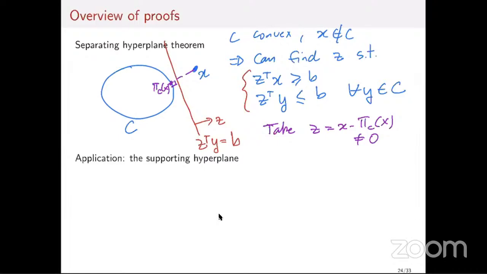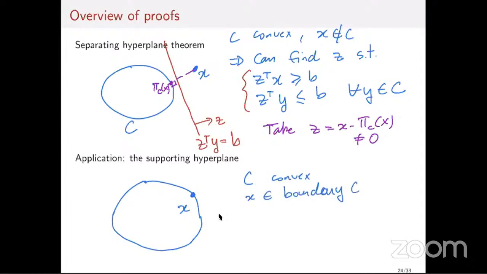First, before I talk about subgradients, let me talk about something else called the supporting hyperplane, which is another important concept. If I have a convex set C, and I take a point X on the boundary of C, then a supporting hyperplane, as its name suggests, will support the convex set at X. It will look like this.